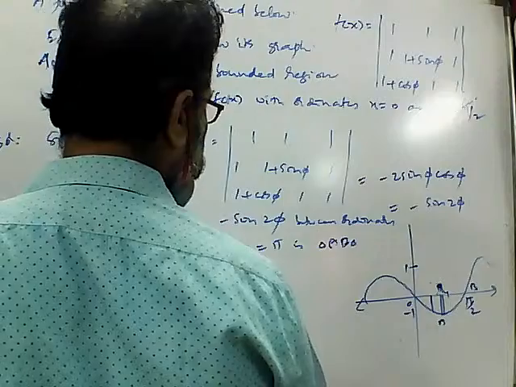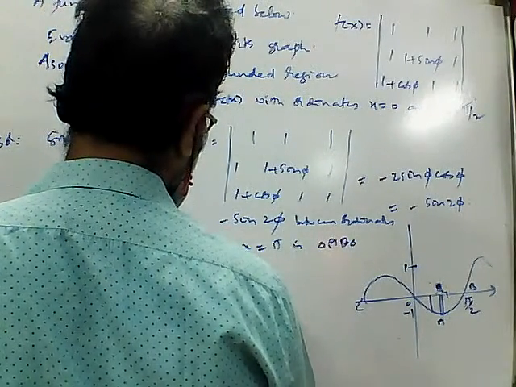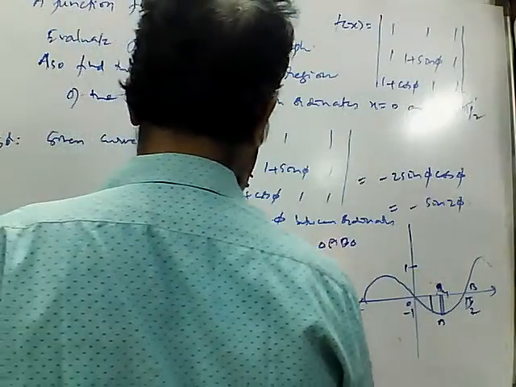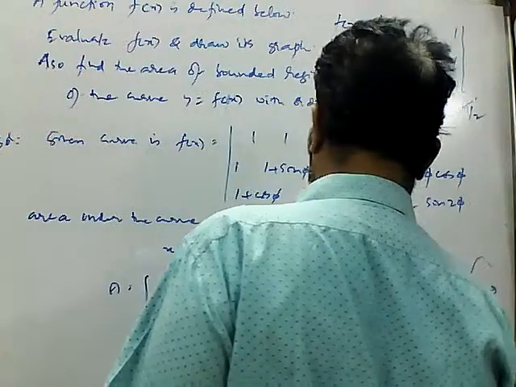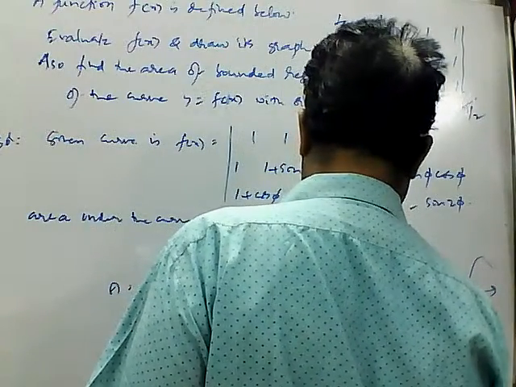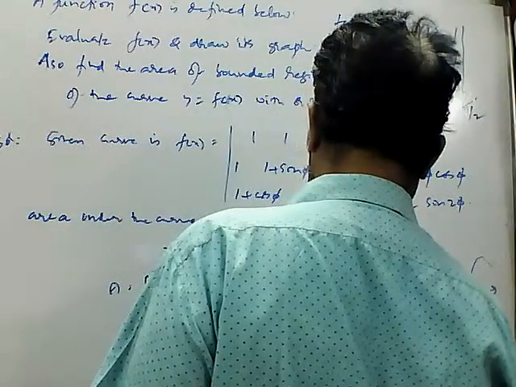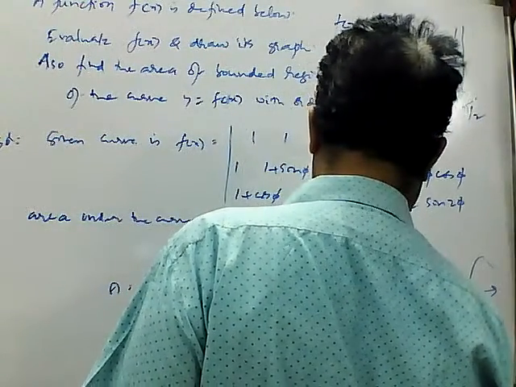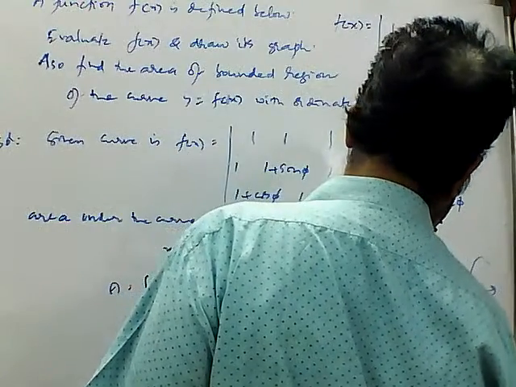So this is pi by 2 we take here. Zero to pi by 2 of minus sin 2x dx, which is equal to half cos 2x from 0 to pi by 2, modulus of half into modulus of cos pi minus 1, which is minus 1, which is equal to 1 square unit, because the modulus is there, right?